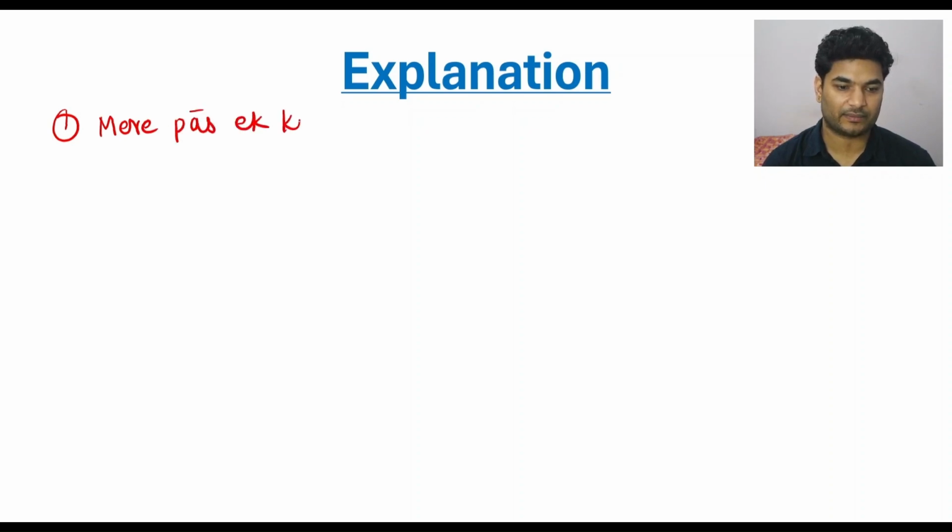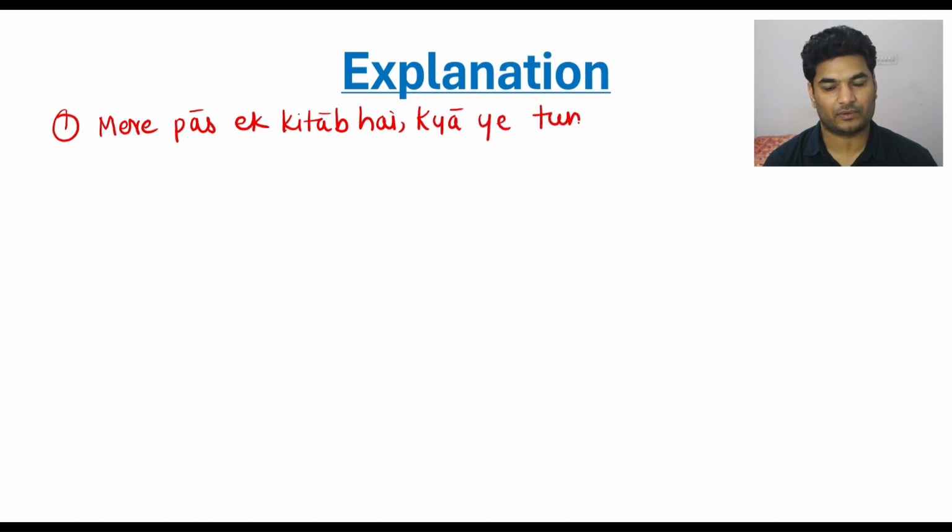So let's start with the first one. मेरे पास, Neelam calls and she says, मेरे पास एक किताब है. क्या ये तुम्हारी है? I have a book. Is it yours? Alright, she's asking, Rita, I have a book.